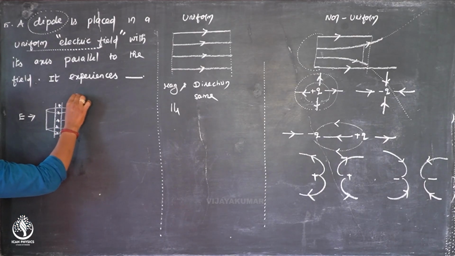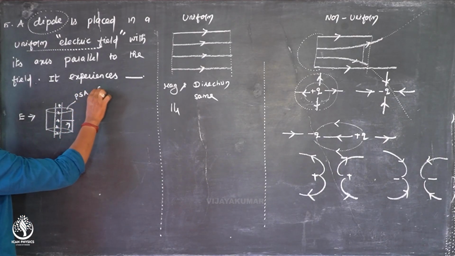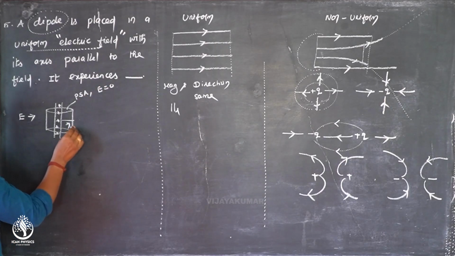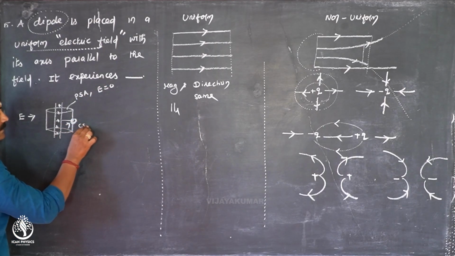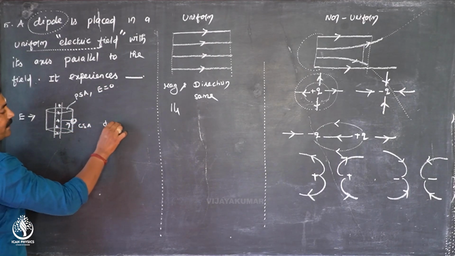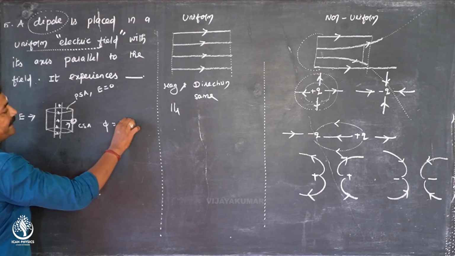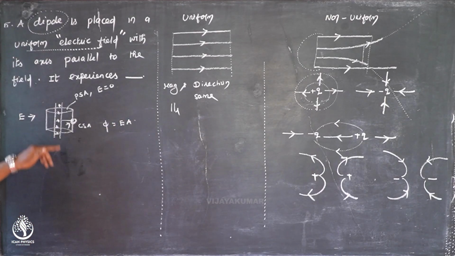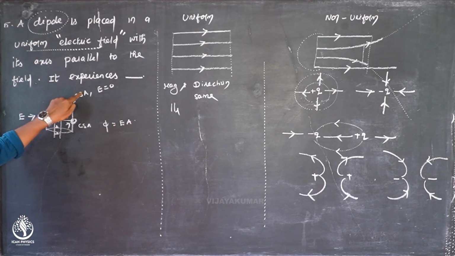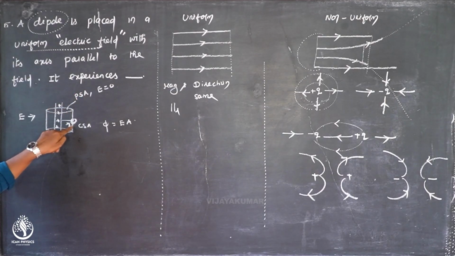At the plane surface area, the electric field is 0. At the curved surface area, the flux phi equals EA. So here the electric field becomes 0, but at this surface we have some electric field. So there is some variation of electric field, which is also a non-uniform electric field.